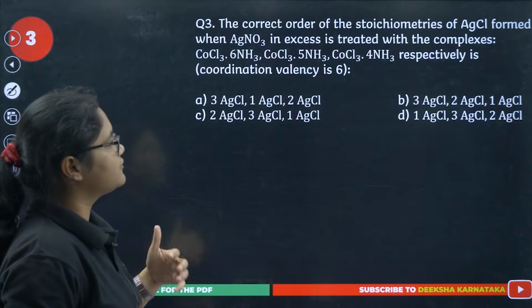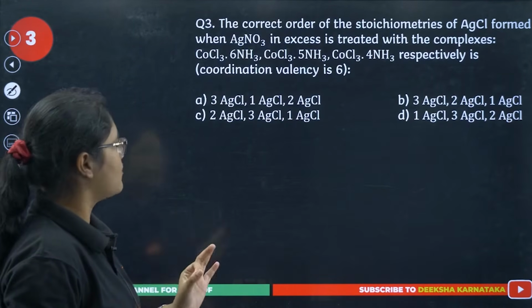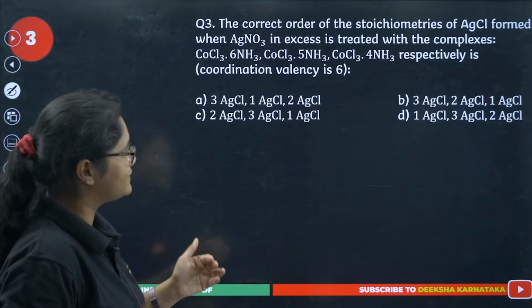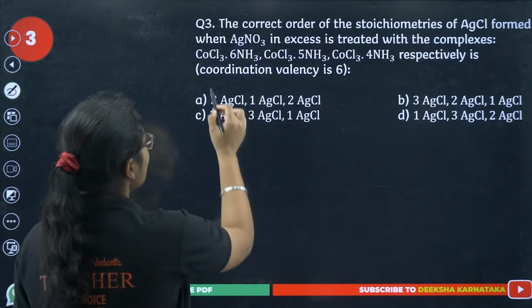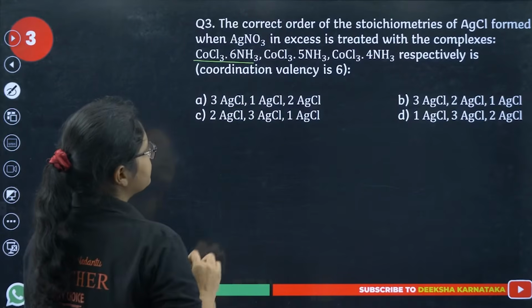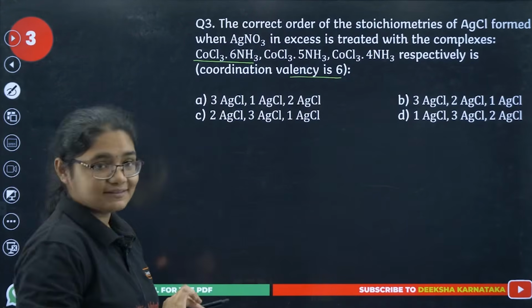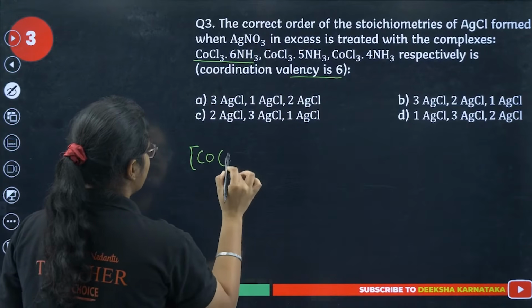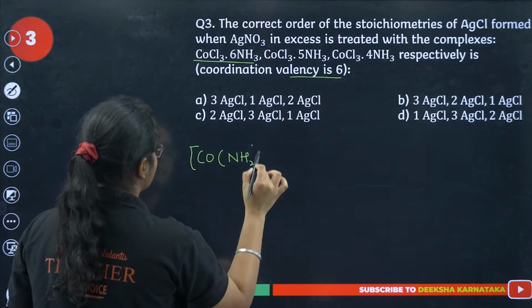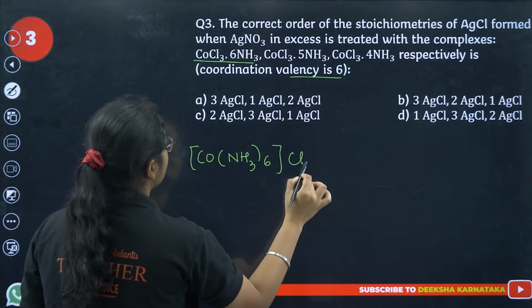Next, the correct order of stoichiometries of AgCl formed when AgNO3 in excess is treated with complexes. So when you treat it with the first complex, the coordination number valency is 6, so 6 NH3. So for the first one I can write the formula like this, right?